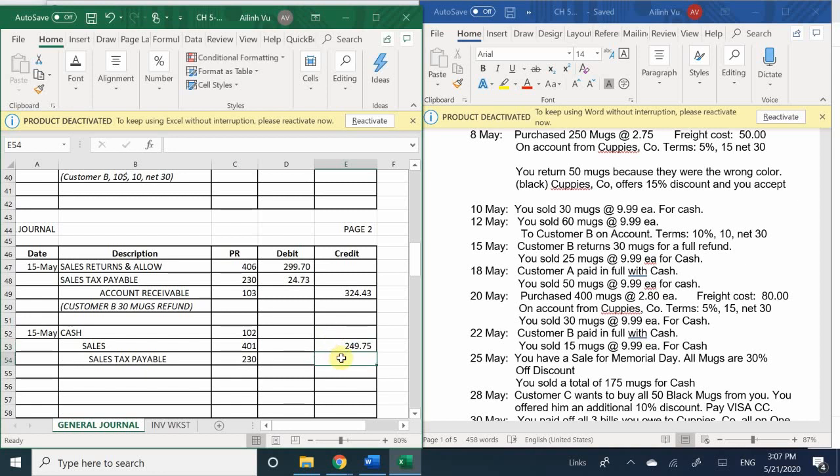And how much is tax? $20.60. Good. And then what's the total here? $270.35.